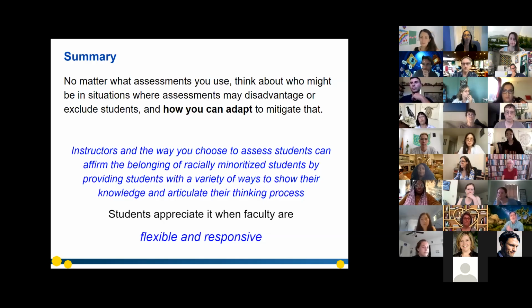And then also just to think about as instructors, the way that you choose to assess students can really affirm their belonging, right? It's particularly the racially minoritized students, by providing them with a variety of different ways to demonstrate their learning and demonstrate their knowledge and articulate their thinking process. And that will make it more equitable for everyone.